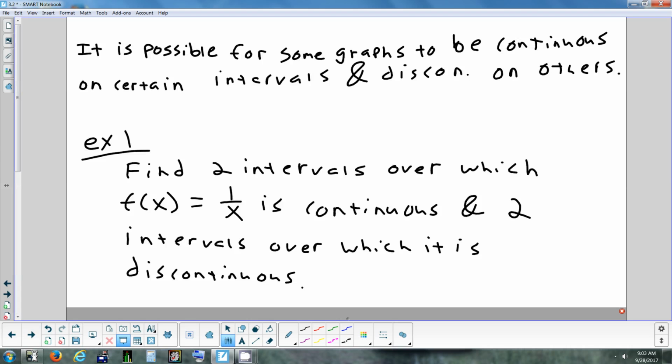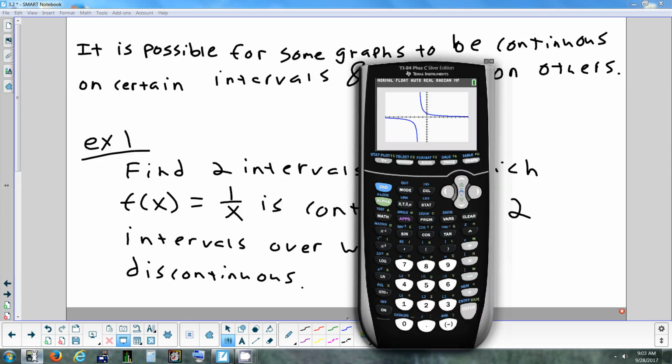So we're going to take the graph of 1 over x, and we're going to write 2 intervals where the graph is continuous, and then 2 intervals where it's discontinuous. Let's graph 1 over x. Okay, there's our graph.